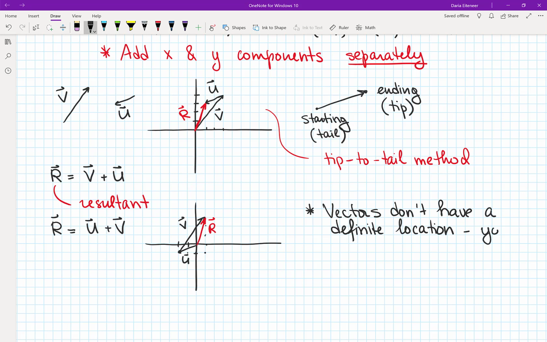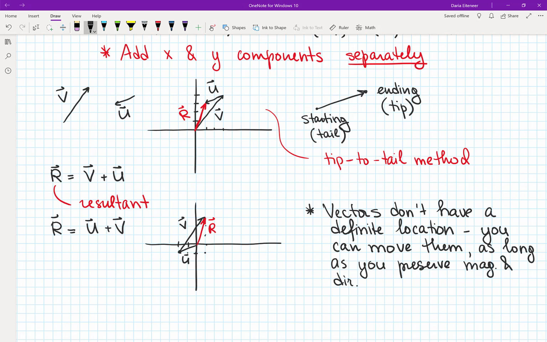You can move them as necessary for all of these algebraic or graphical purposes, as long as you preserve magnitude and direction.